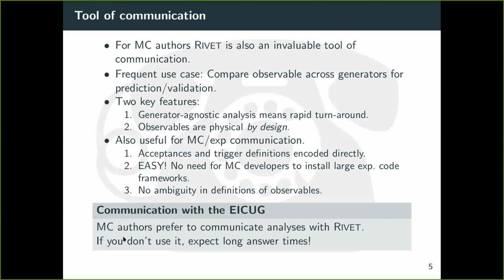If I need to compile your large code base dependent program, I will simply not get around to do it in any realistic way. So I can summarize this statement as I did at the bottom of the slide. If you do not use Rivet when communicating with Monte Carlo authors, you should expect long answer times.